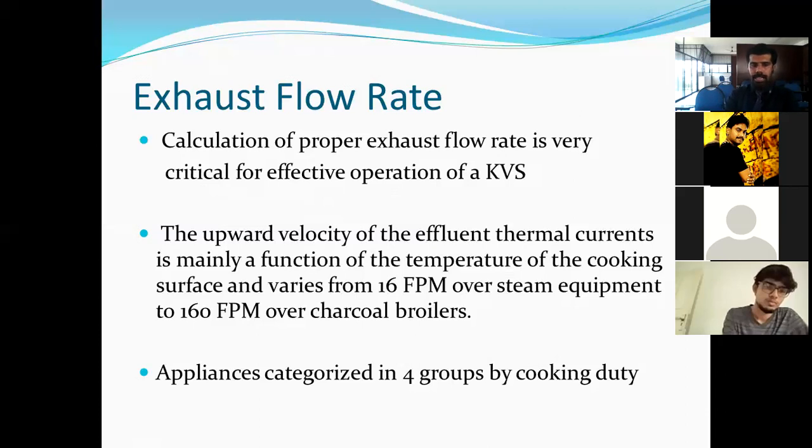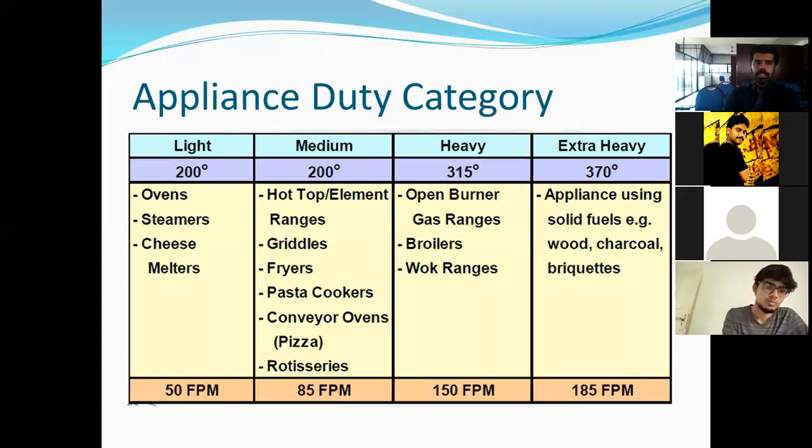Appliances are categorized in 4 groups by cooking duty. Now we are going to see a table where the appliances are categorized in 4 groups depending upon cooking duty. These are the appliances categorized according to duty.